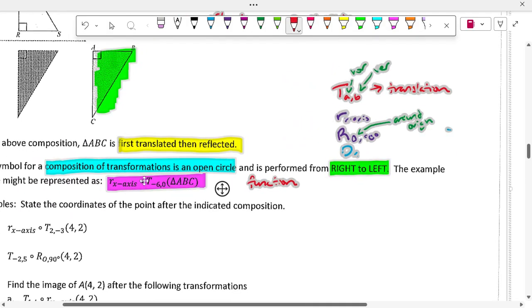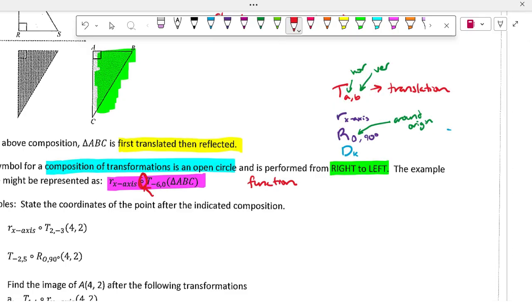Because if we look at what's highlighted in pink, this symbol right here represents the composition of transformations, and you read them from right to left. So whatever transformation's on the far right, that's the one you do first.